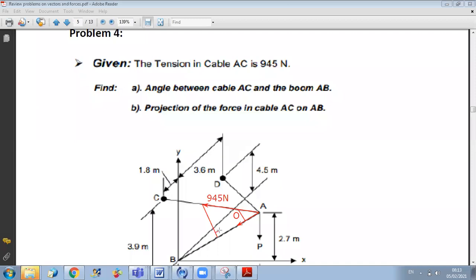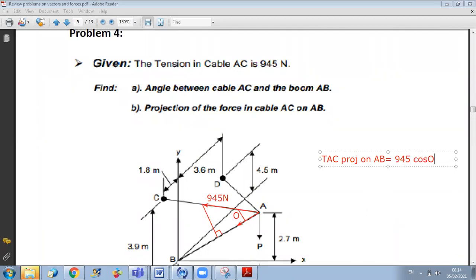Since you know the angle between the two, the projection magnitude is simply 945 cosine theta. So if I want to write T projection, so TAC projected on AB as a component, it is equal to 945 times cosine of the angle theta.